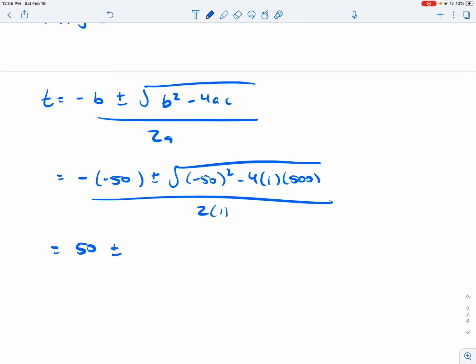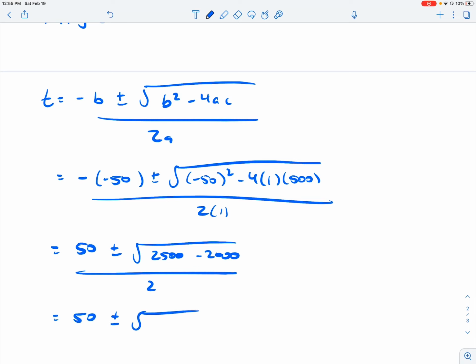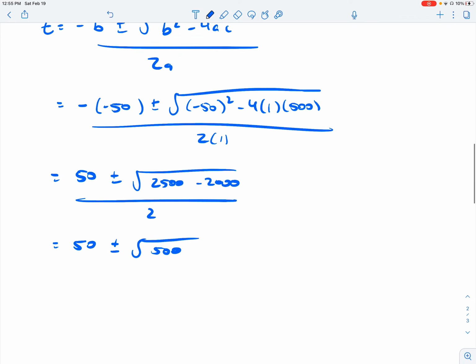Okay, we have 50 plus or minus the square root. 50 squared is 2,500. And then 4 times 500 will give us 2,000. So we have minus 2,000, all over 2. 50 plus or minus the square root of 500 over 2.